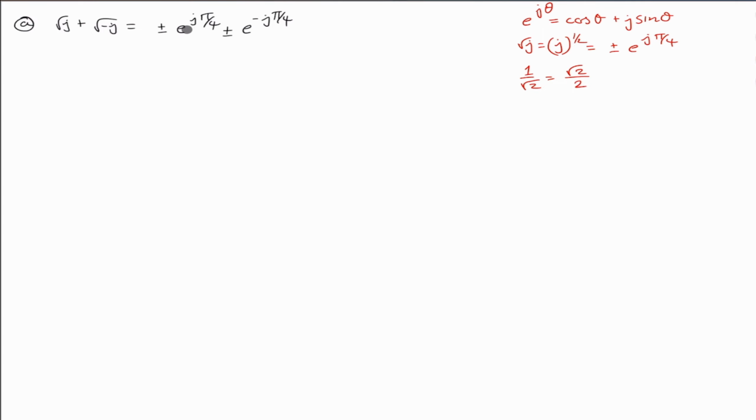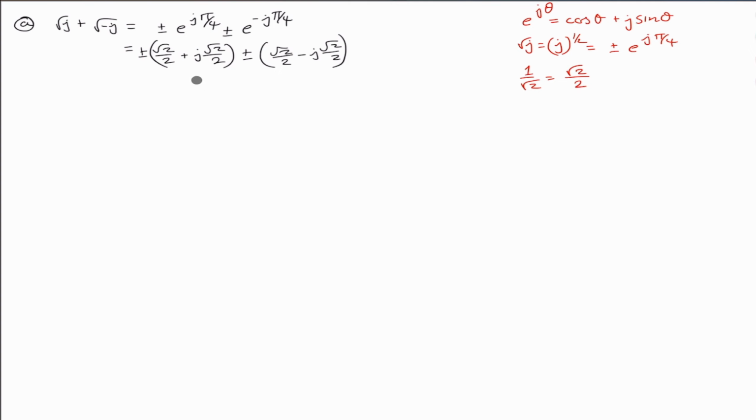Moving on, this in rectangle form is equal to plus or minus square root of 2 divided by 2 plus j times square root of 2 divided by 2, plus or minus square root of 2 divided by 2 minus j square root of 2 divided by 2.